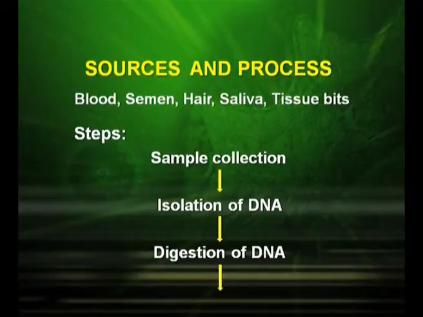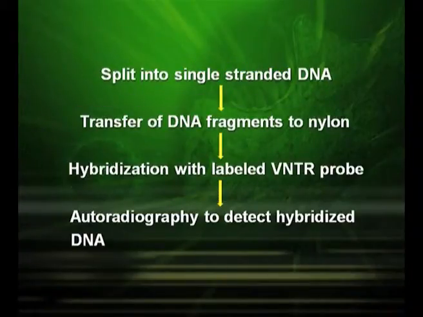The second is isolation of DNA, which we have already studied. Then digestion of DNA by restriction enzymes, then splitting into single-stranded DNA. Then transfer of DNA fragments to a nylon sheet, hybridization with a labelled VNTR probe, and autoradiography to detect the hybridized DNA.